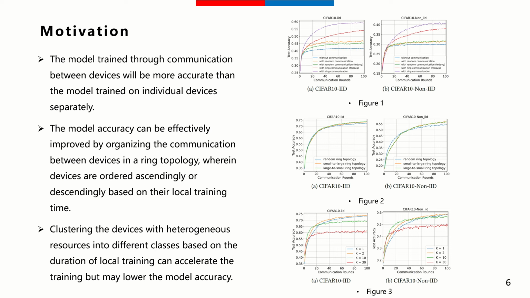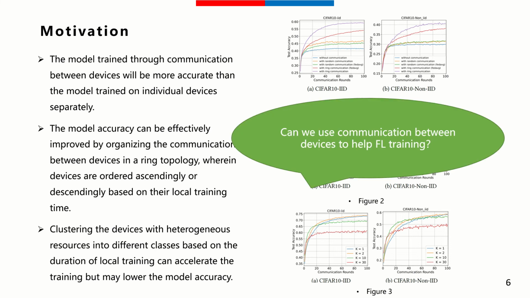In the third experiment, we observed that clustering devices with heterogeneous resources into different classes based on the duration of local training can accelerate the training but may lower the model accuracy. So, can we use communication between devices to help federated learning training?